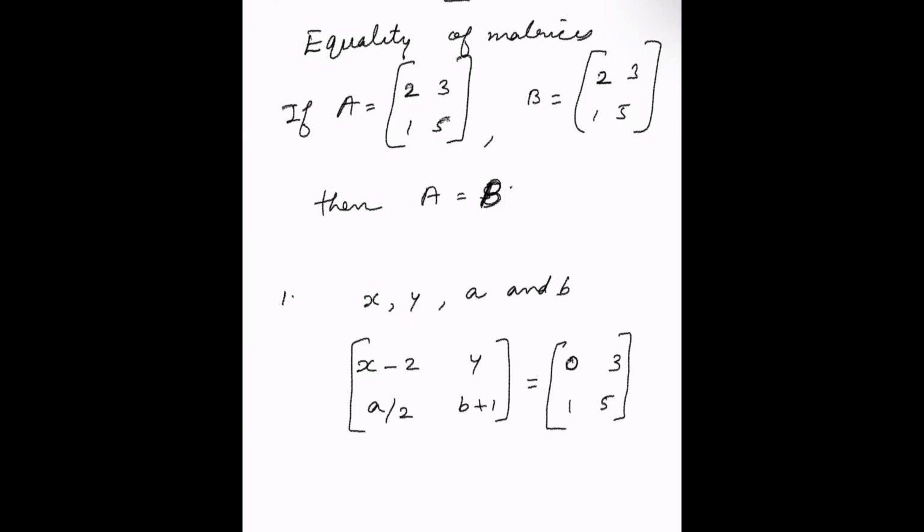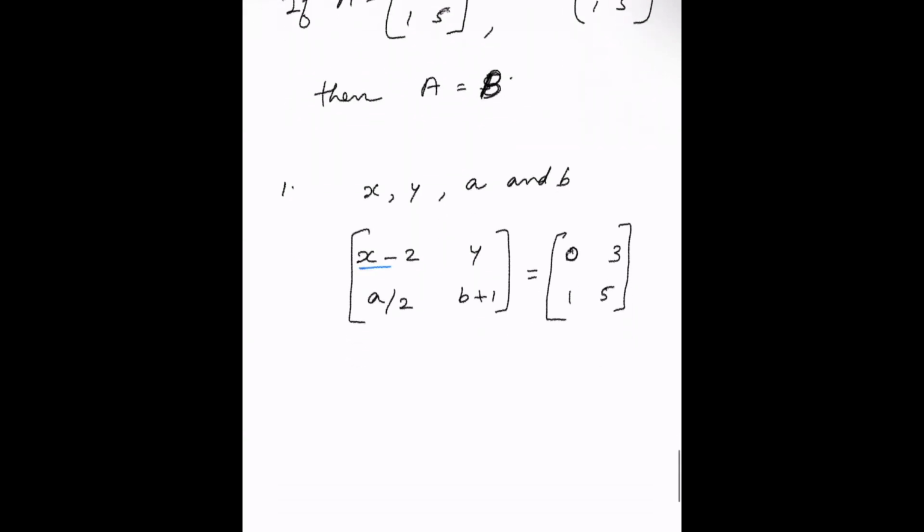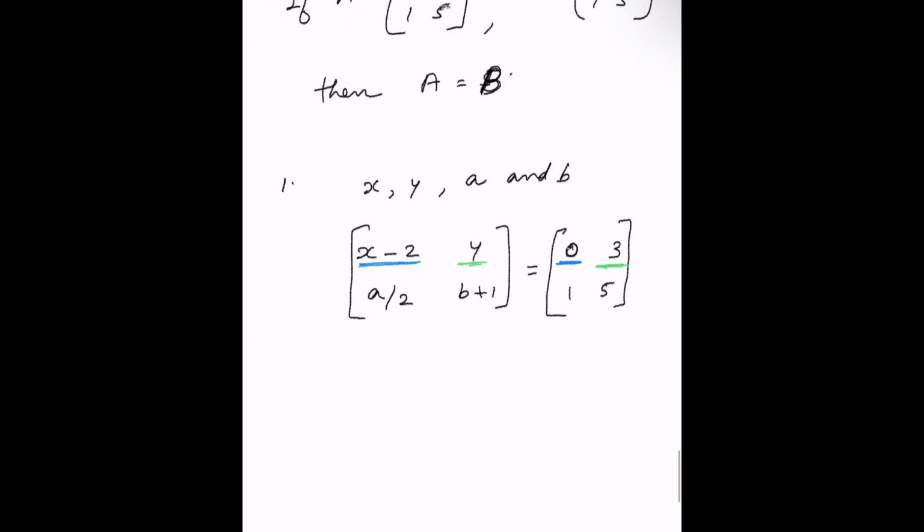So what is the meaning of equality? Equality means here first element of the first matrix is equal to first element of the second matrix. Similarly, second element in the first row is equal to second element in the first row of the second matrix.